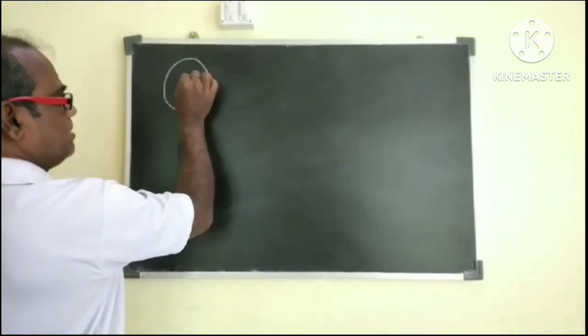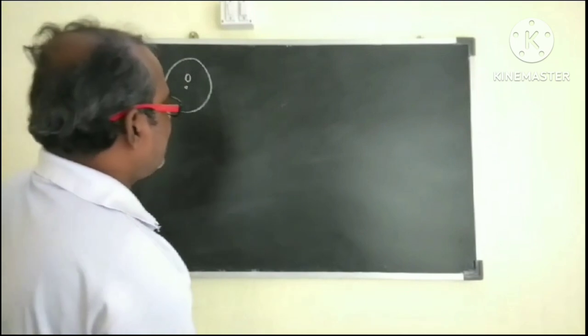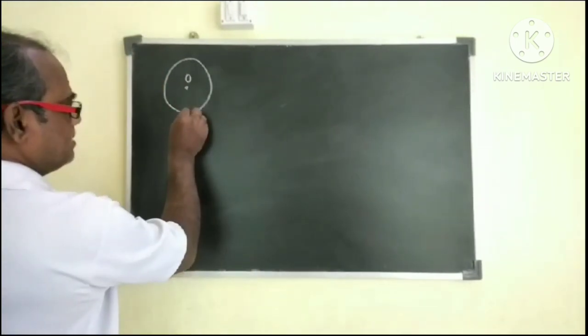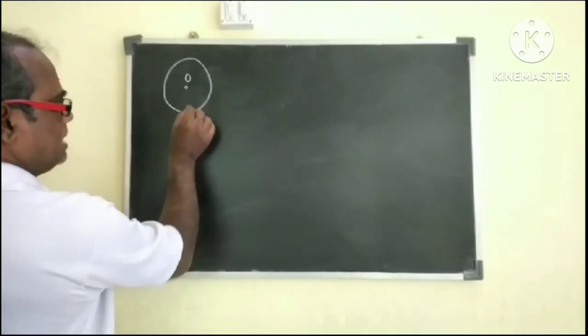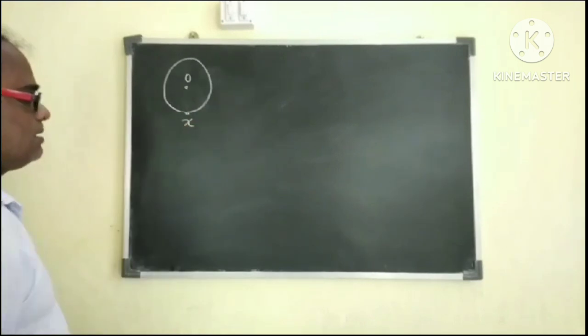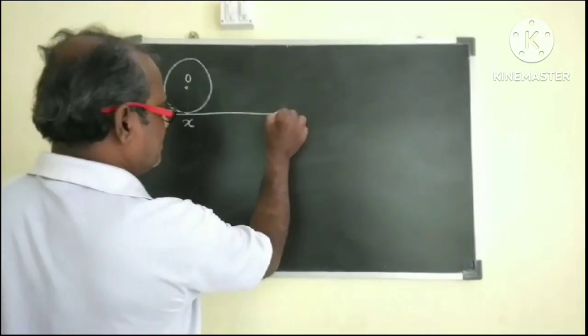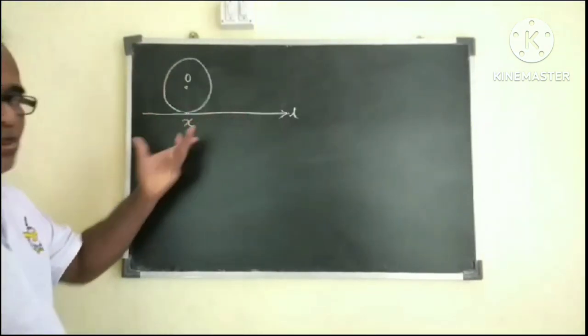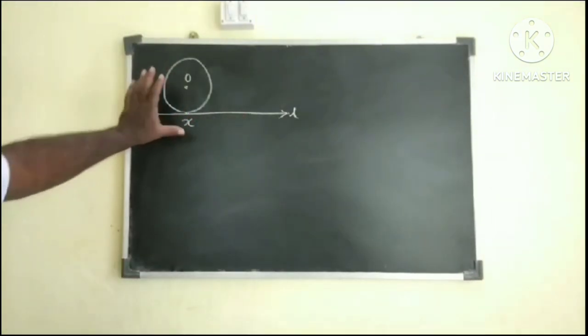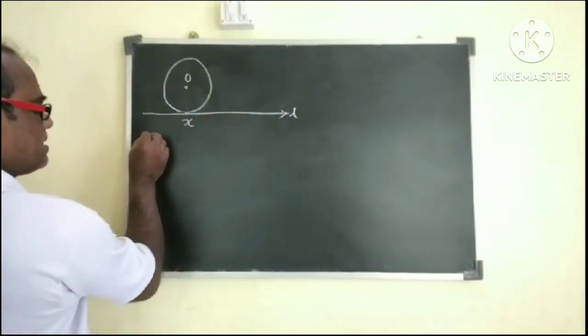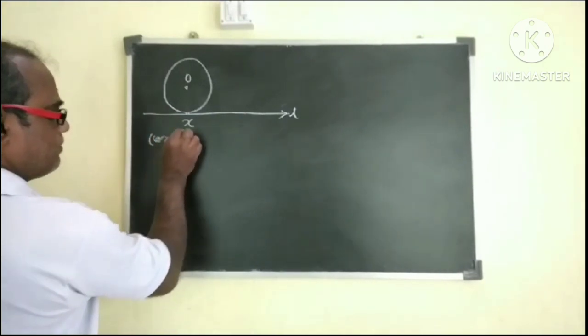Let the center be O, and let X be any point on the circle, and let the line L be tangent. So this is given. Now we have to do the construction.